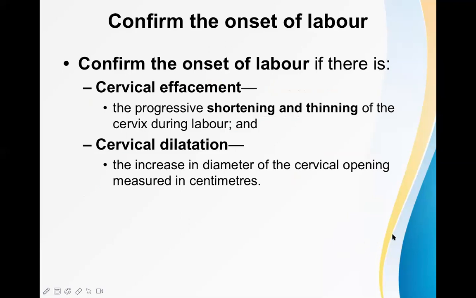Now, let's move on. How to confirm the onset of labor? We can confirm the onset of labor if there is cervical effacement and cervical dilatation, which can only occur after true labor pain. Now, every student knows by this time the meaning of cervical effacement.